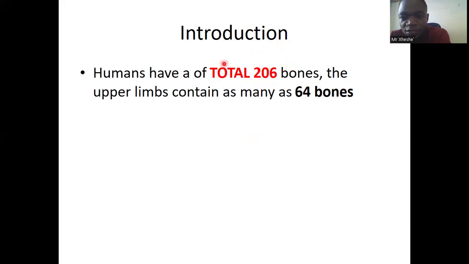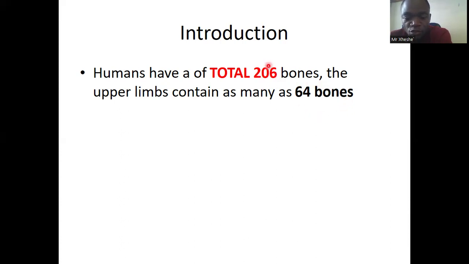Therefore, teeth are not considered as part of the human skeleton. Of course, they're attached to the skeleton, that is the upper and lower jaw, but they are not part of this numerical calculation of total bones found in the body. So essentially, teeth are not bone. The question remains, what are they? We can research more on that one.